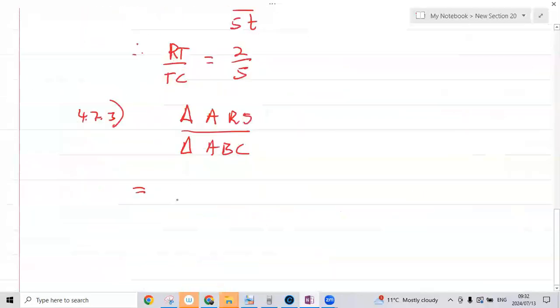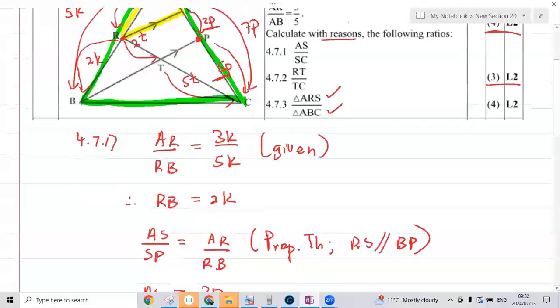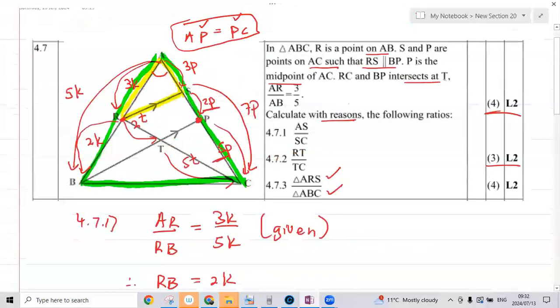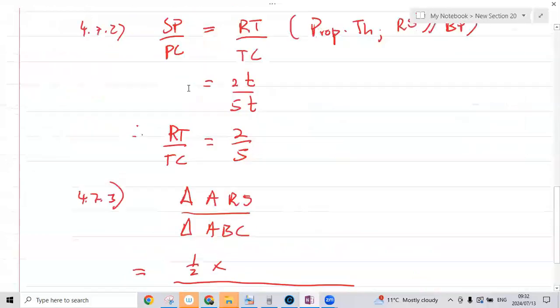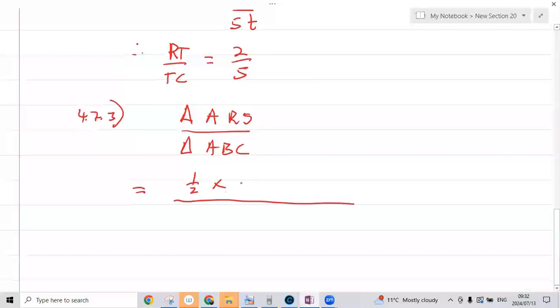For ARS, let's look for the two included sides, which will be 3K and 3P. So half times 3K times 3P times sine of the included angle, which is A.